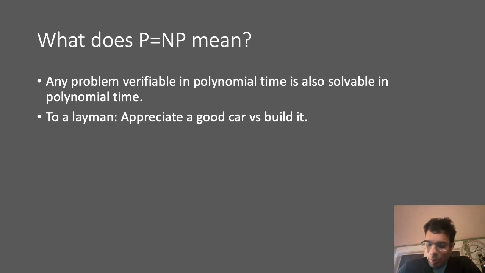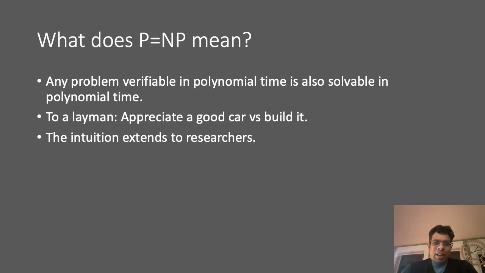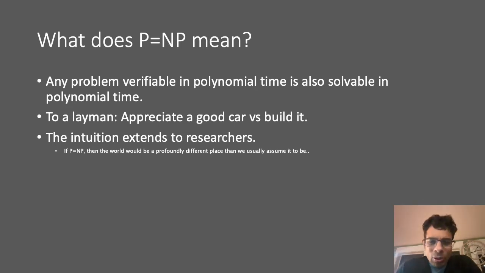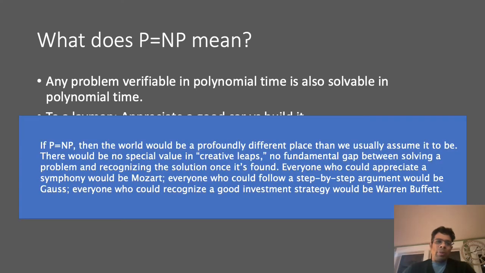Now, if you made that statement to someone on the street, they would think you're being ridiculous. And often intuitions like these don't extend when you delve deeper into the subject, when you get to the level of researchers. But in this case, it does. So here's a famous quote by Scott Aaronson, a famous professor of computer science, who wrote a blog on why P is probably not equal to NP.